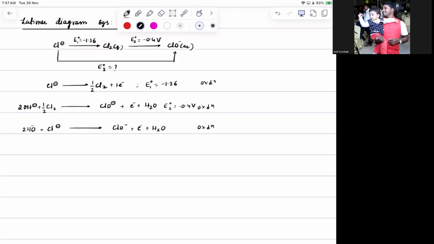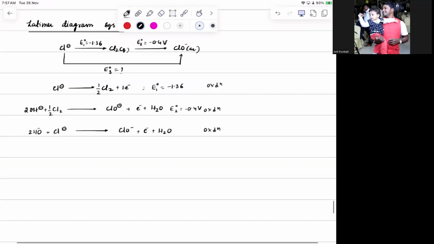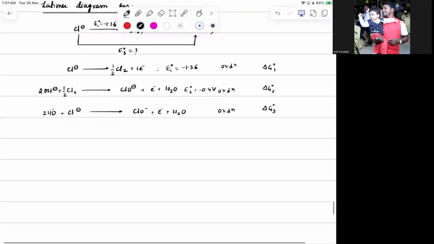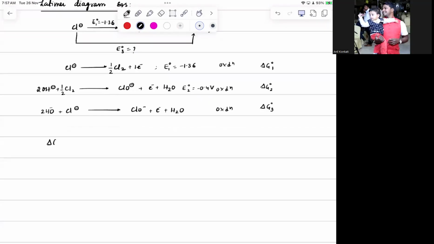Clear? So like I told you earlier, we cannot add the E naught values, but we can definitely add delta G naught values. So delta G naught 3 is equal to delta G naught 2 plus delta G naught 1. So just add them.